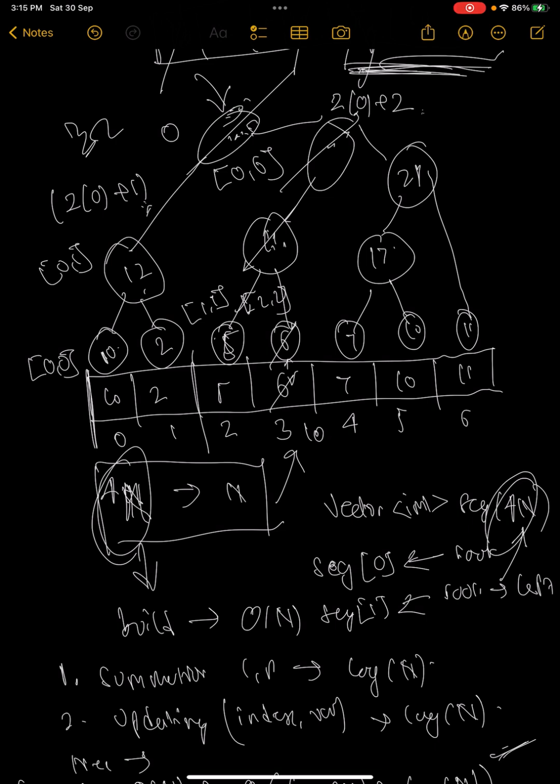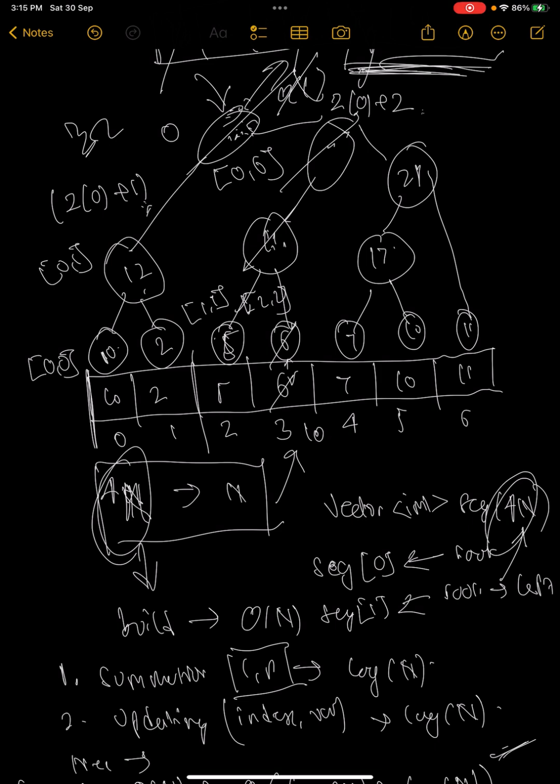If our L and R were 0 and 6, then we would have returned directly from this node, so it would have been order of one time. But that will not always happen, and we have to traverse the segment tree a little bit, and the average and worst case time complexity would come as log n.